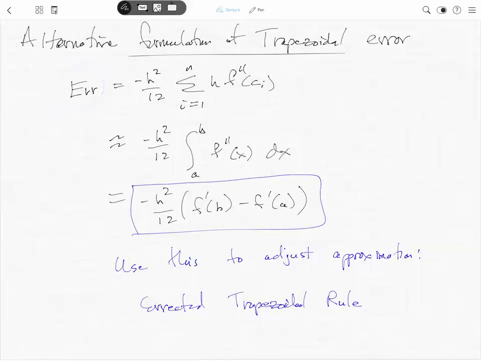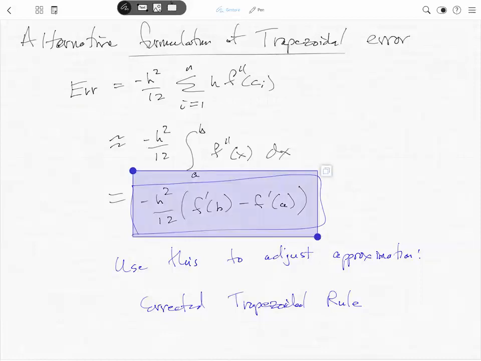And this gives you another way of doing a kind of extrapolation of what the final answer should be. If you've got an error estimate, then you just take this error estimate and add it into whatever value you got for the numerical value of the integral using the trapezoid method, right? We got one estimate for the integral using the trapezoid method. We also got an estimate for what the error is in that approximation.